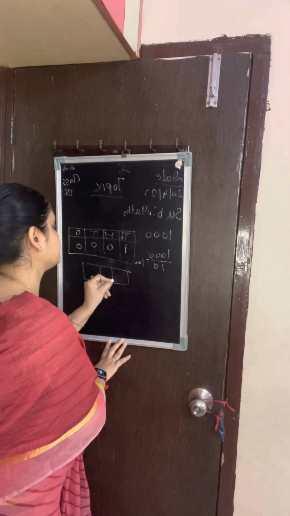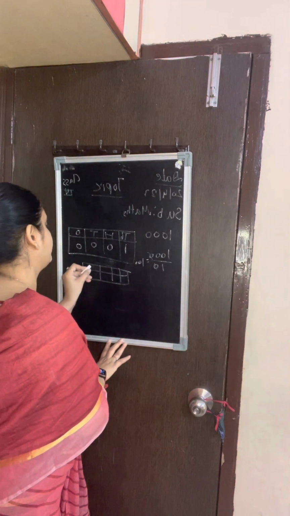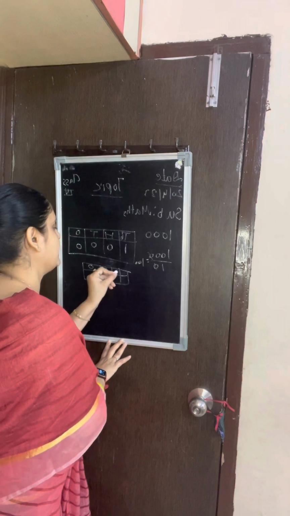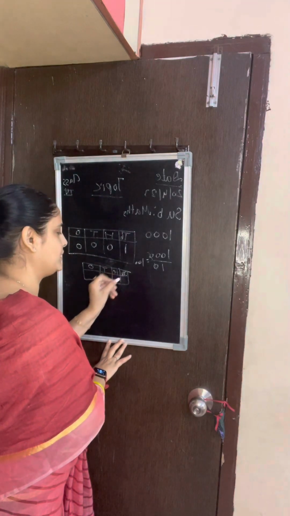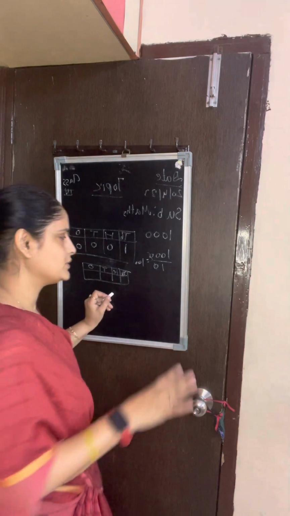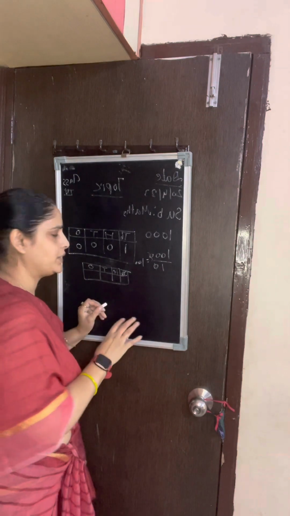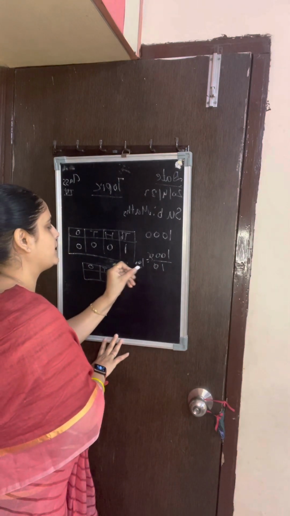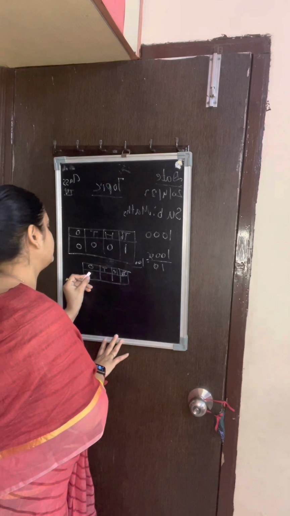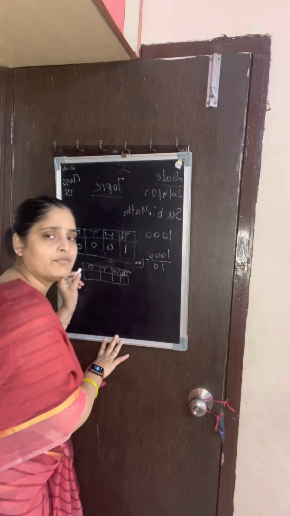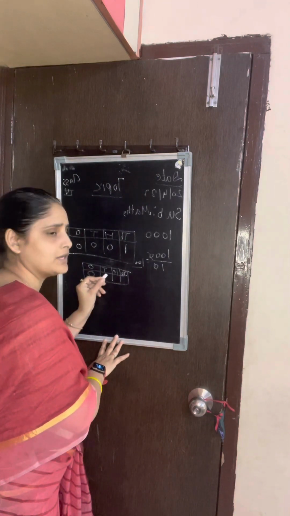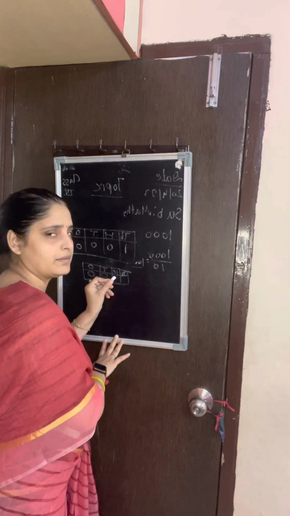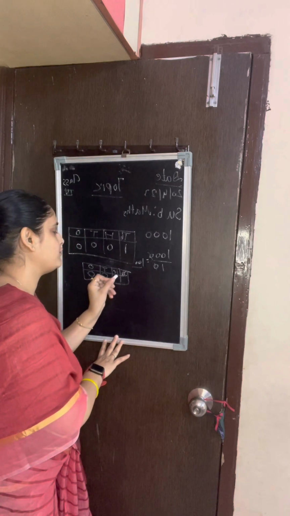Now we have a 3-digit number with ones, tens, 100. In the number 100, in the ones place we have 0, in the tens place we have 0, and in the 100 place we have the 1.